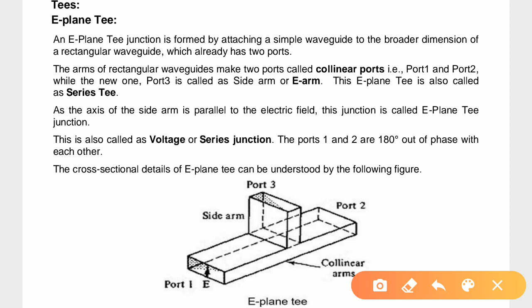The basic difference between these two is that ports 1 and 2 are 180 degrees out of phase with each other in the case of E plane T, but in the case of H plane T these ports are collinear ports. So these are some basic differences between the H plane T and E plane T. I think you have got these simple types of T's.